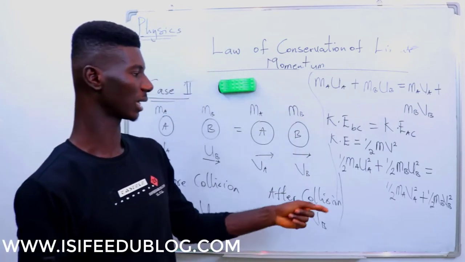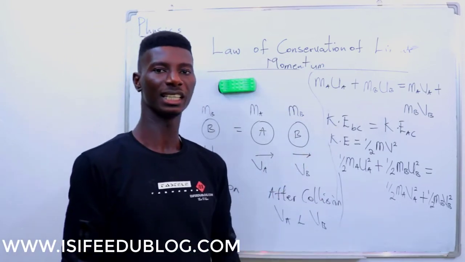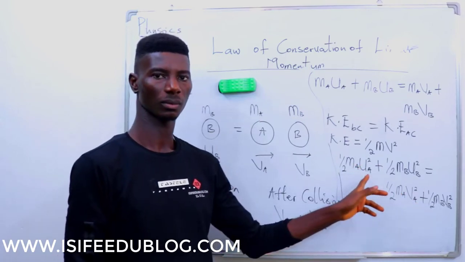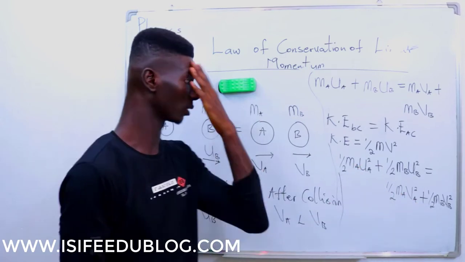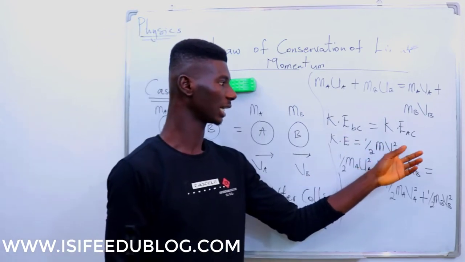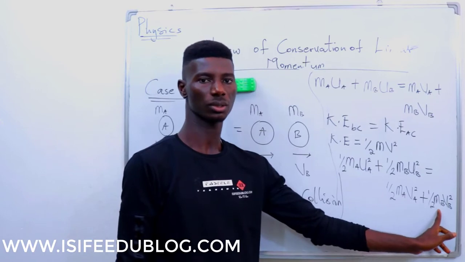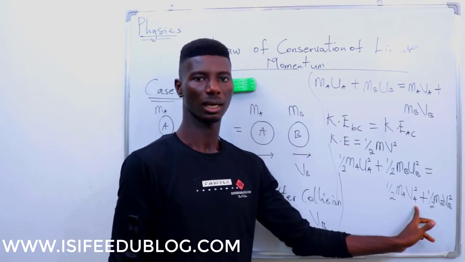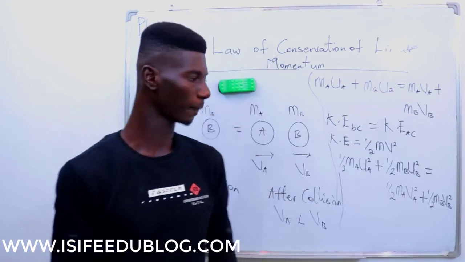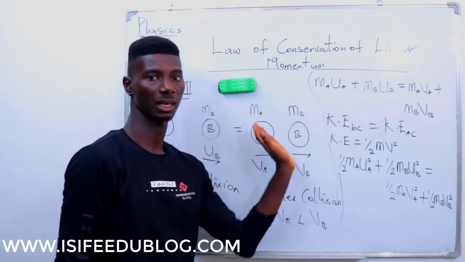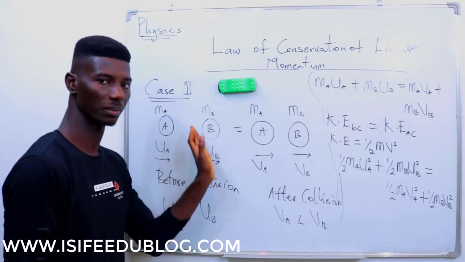If you are asked to calculate the kinetic energy before collision, this is what you do, depending on the nature of the question. Now, if you are asked to calculate the kinetic energy after collision, this is what you do. Where V, like I said, we use it to denote the final velocity here, because anything that happened here is final, while this is the initial movement.